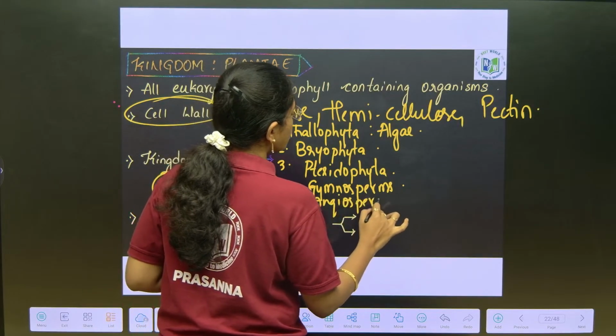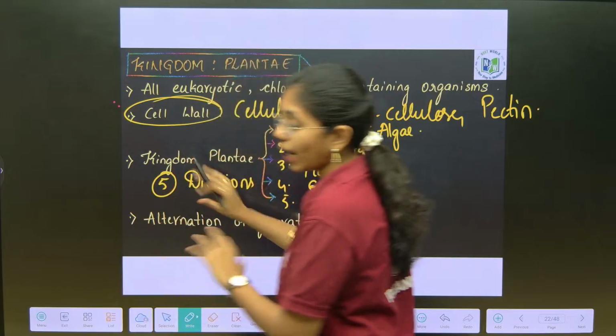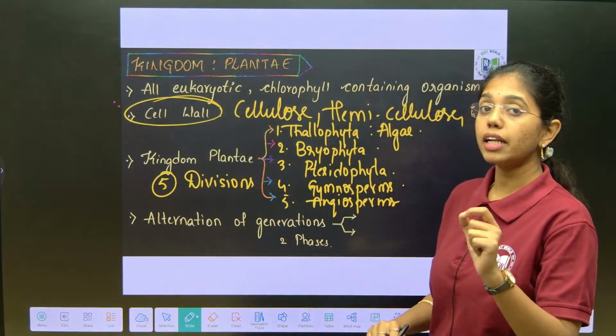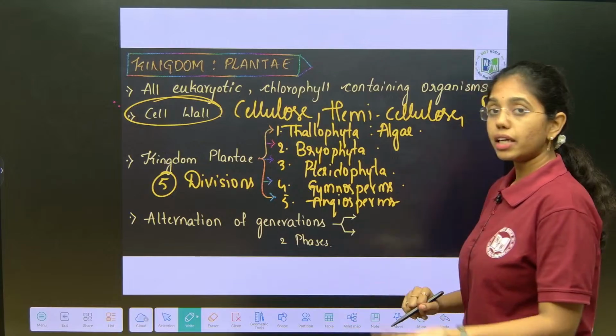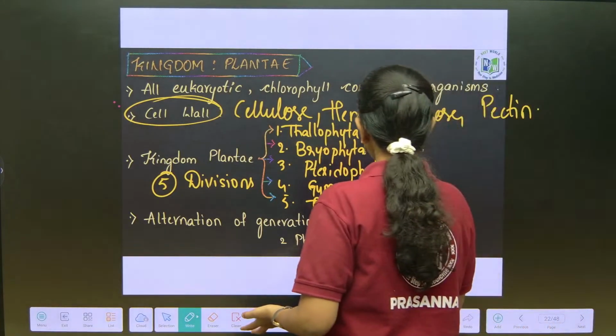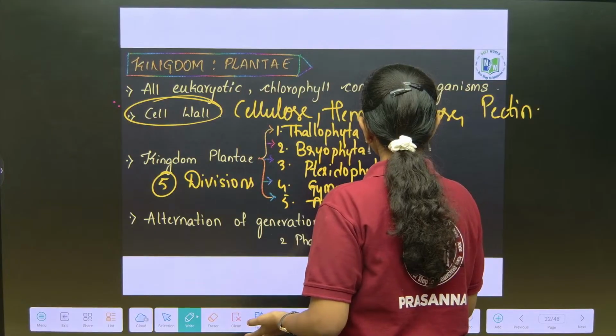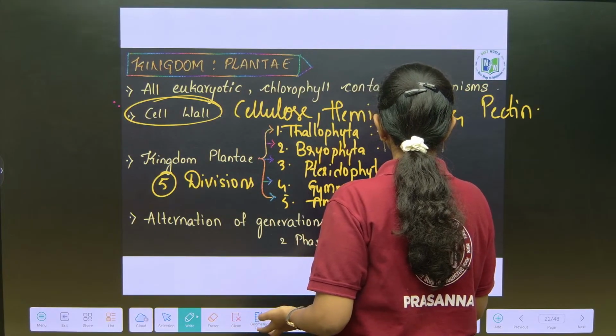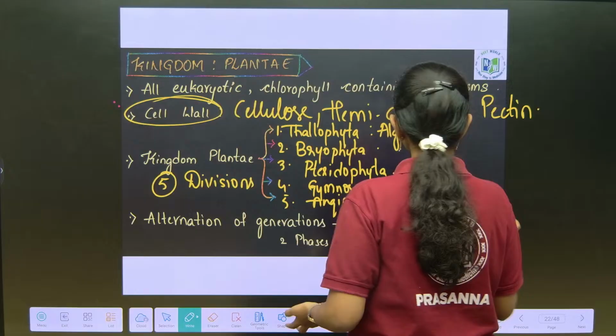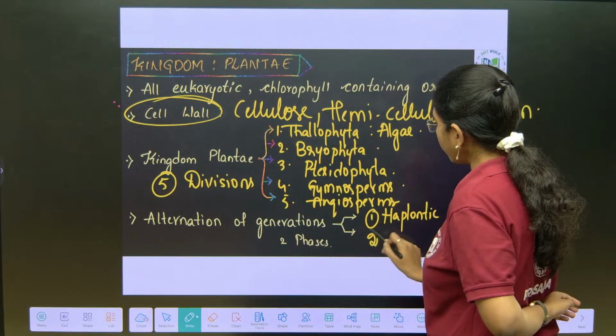In all these 5 divisions of the kingdom Plantae, they exhibit alternation of generations, which has a haplontic phase followed by a diplontic phase.